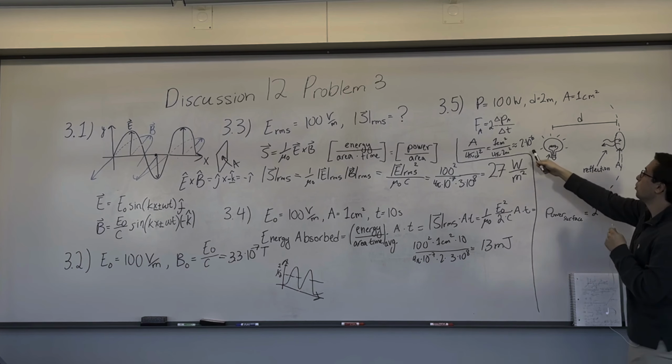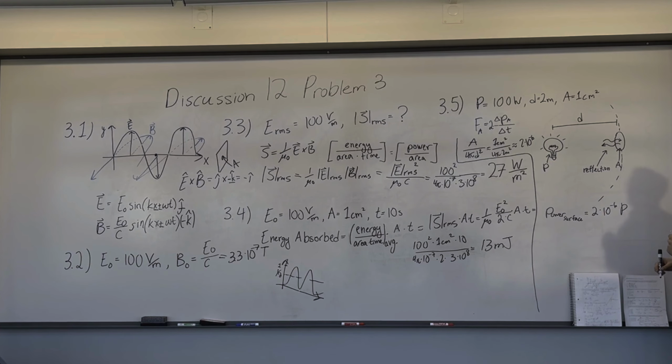And this fraction is 2 times 10 to the minus 6. In this case, we would get something like 2 times 10 to the minus 4 watts. That's telling us the energy per time that's hitting our surface.